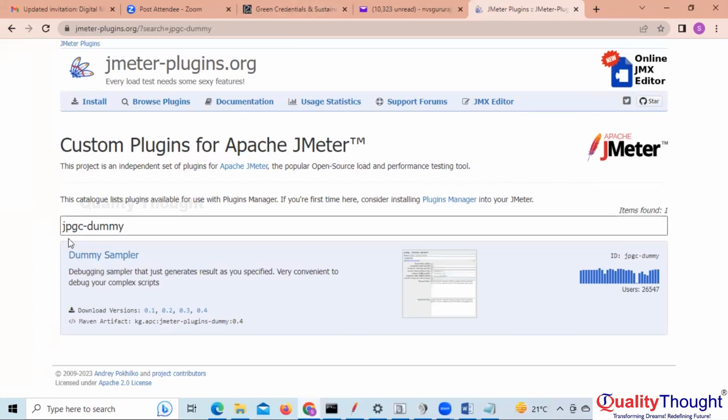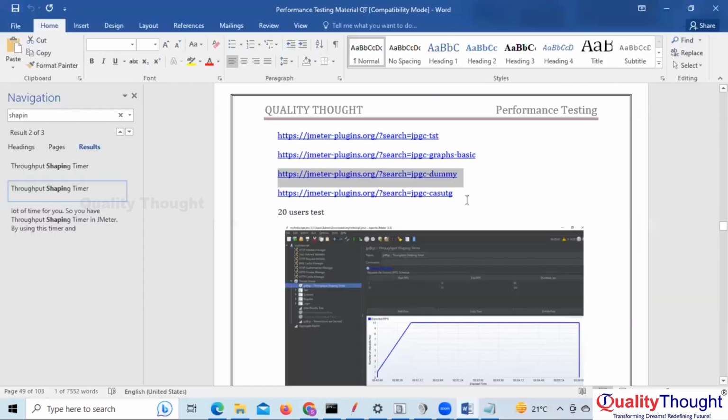There is one more plugin called dummy sampler. The name itself suggests that it is a dummy sampler, where it will not hit any server, but it will run successful transactions every time, and it will give you some random response times, right? So I am downloading that dummy sampler also.